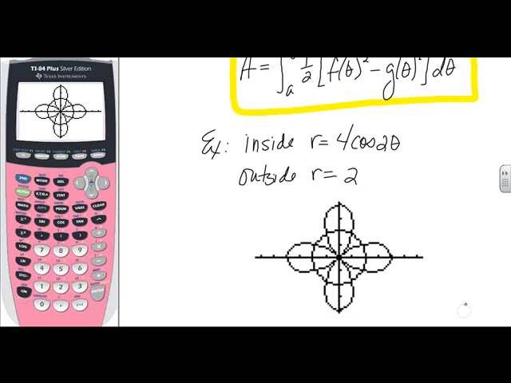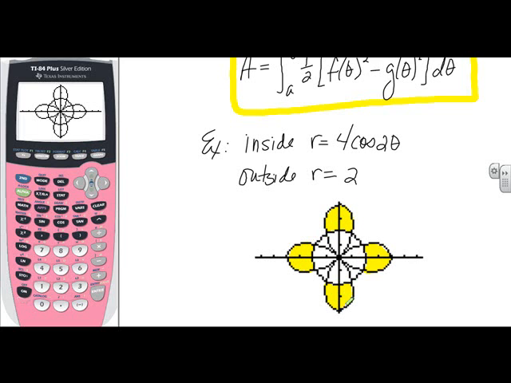So the area of the region inside the flower petals and outside the circle. So we're talking about this space, that space, and that space. Alright, so really the real work here is to determine what are the limits on this definite integral.